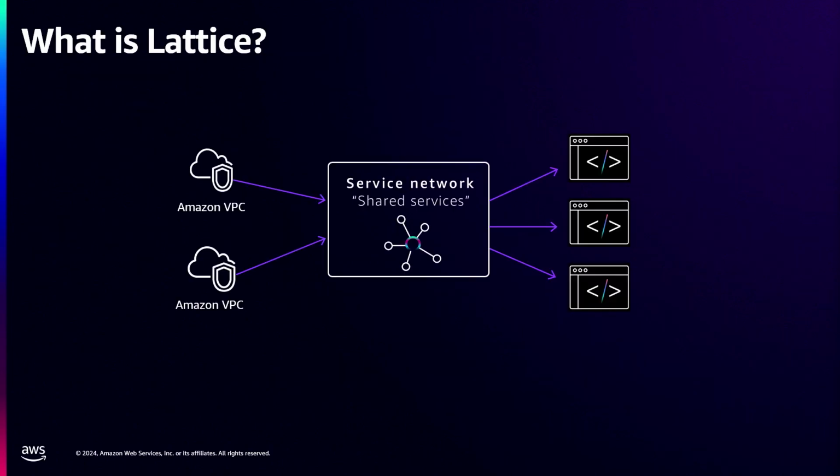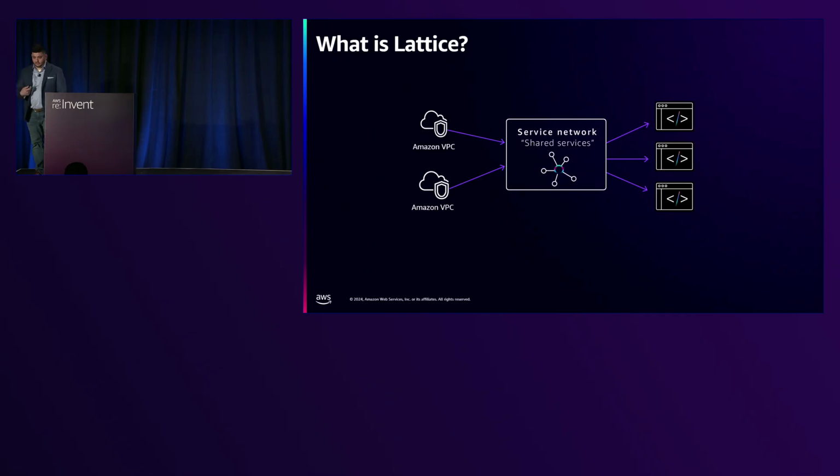Now that we've talked about PrivateLink, it's actually important that we pivot to Lattice. I mentioned previously that PrivateLink was very well suited toward crossing a trust boundary, that is from within your organization to another organization. Lattice typically is used within an organization, although it has very strong data perimeter and security controls, and we'll talk about that in coming slides.